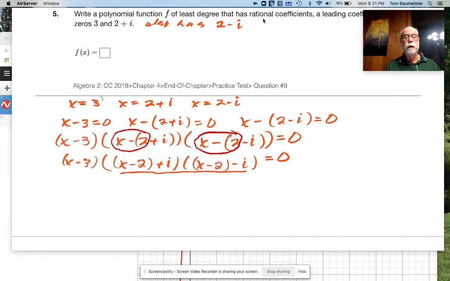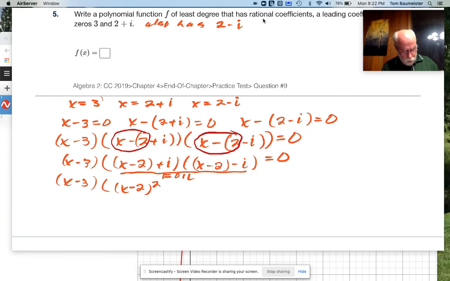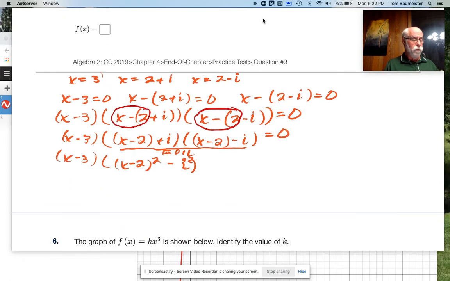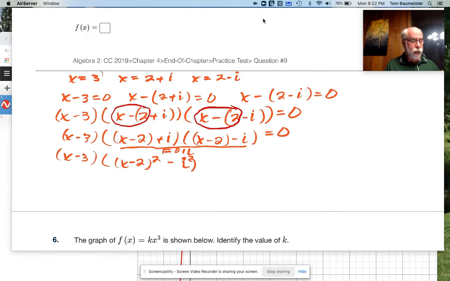So on that one right there, I can write this as x minus 3. And then if I FOIL this, you should see that I'll have x minus 2 squared minus i squared. Let's go over to the side here.